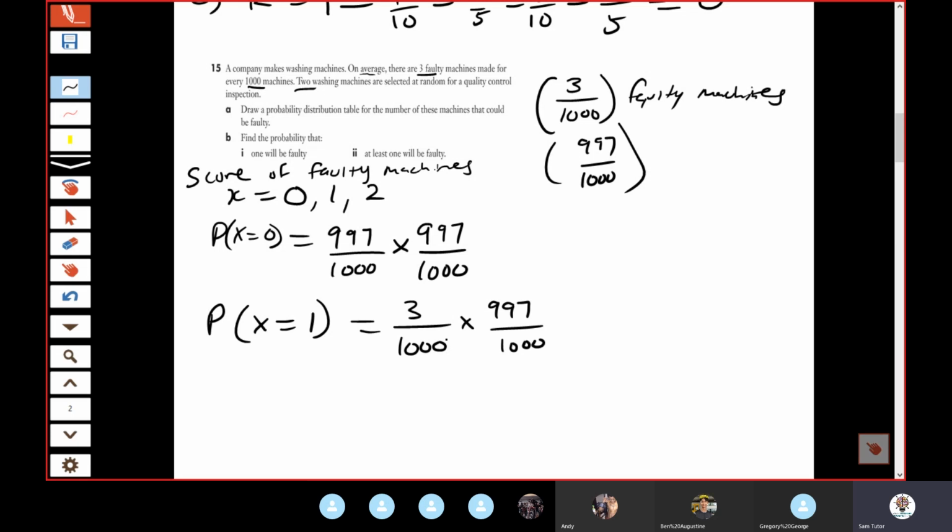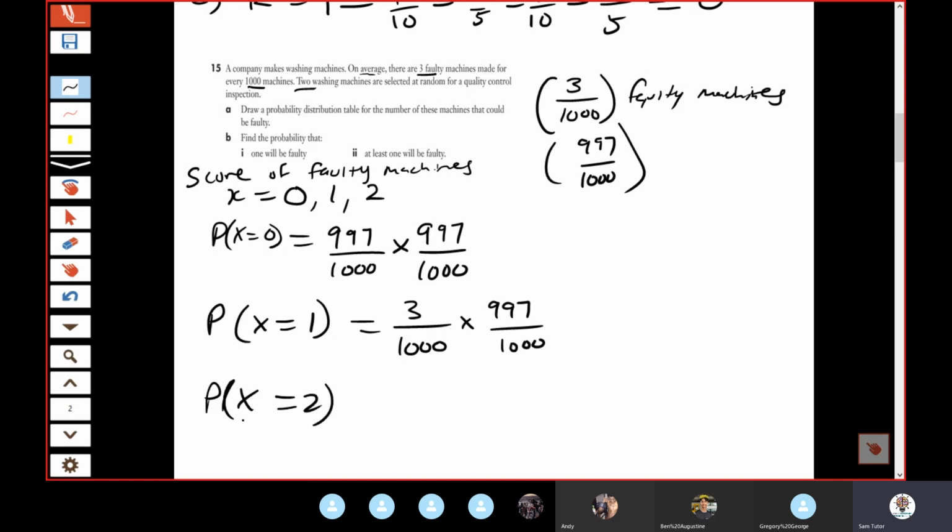Do we need to do the other version, which would be 997 over 1,000 times 3 over 1,000? You don't, because remember, you're not replacing anything. You're just going, as long as one was faulty, the other one's not faulty. So we're not doing the whole, what if the first one was not faulty and then the second one was faulty, or vice versa. You're not doing that because you're not replacing anything. So it's obsolete.